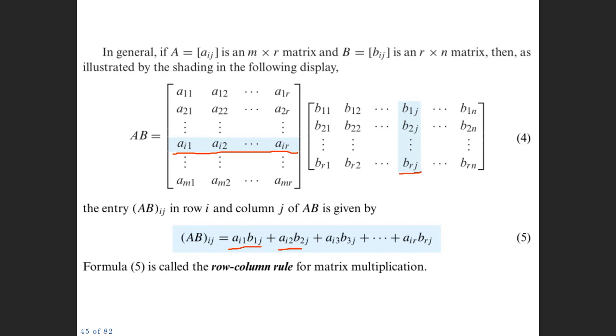This formula in this blue box is called the row-column rule for matrix multiplication.